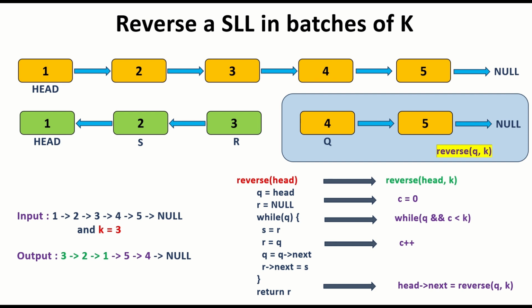So the node which is shown by head, which is 1, that should be pointed to the result of this reverse function. It means head next is equal to reverse of Q, k. If we do this, then it means we have completed our chain, we have completed both the results, and we have fixed the pointers as well. So that is why this statement is very crucial, and just spend another 10 seconds and I hope this might be clearer to you.